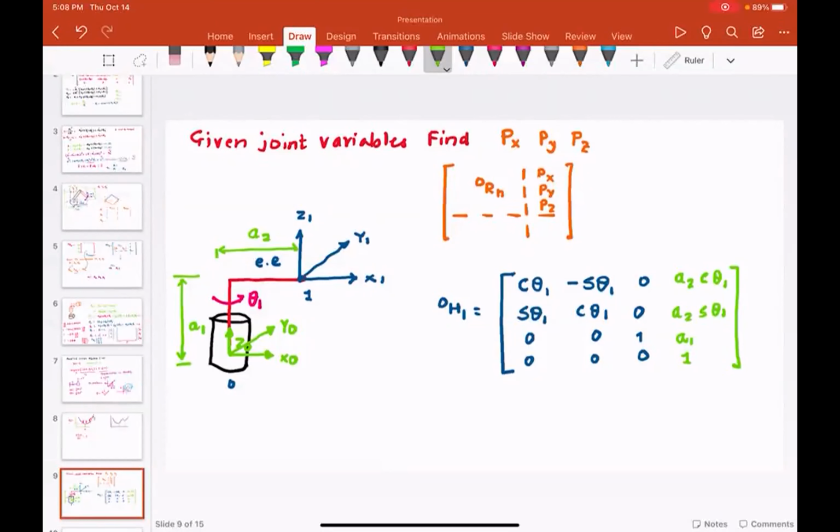Please understand this problem is super duper important because your assignment number 4 is exactly the same problem. So please pay attention. I'm going to make a small change, and the solution will reveal itself. Now A2 is a constant, A1 is a constant. The only thing that is changing here is theta 1. Do you agree with me?